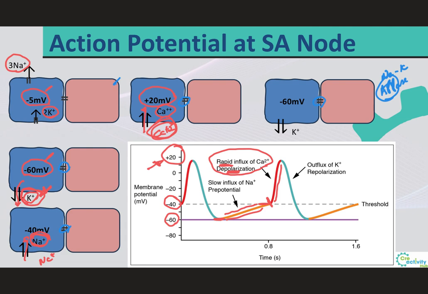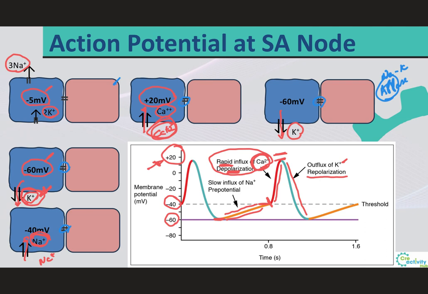So the signal is sent for contraction. And once it reaches a positive 20 millivolts, another potassium channel opens up. And this allows potassium to exit the cell, and this makes, again, the cell less positive, as we can see over here. So once we have the rapid influx of calcium ions entering, this will cause the depolarization of the membrane.